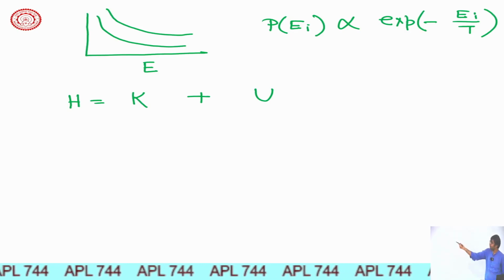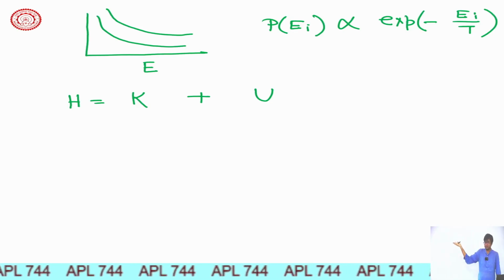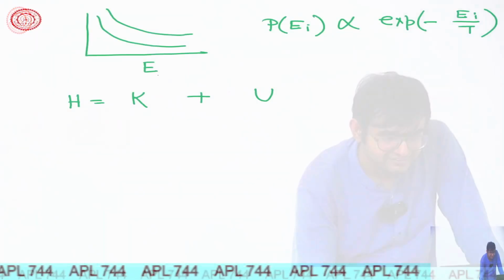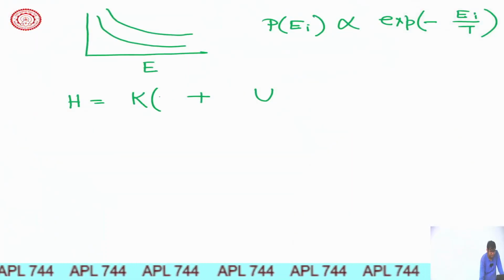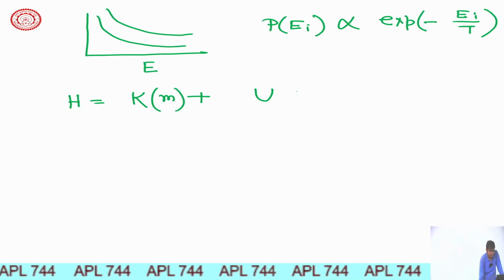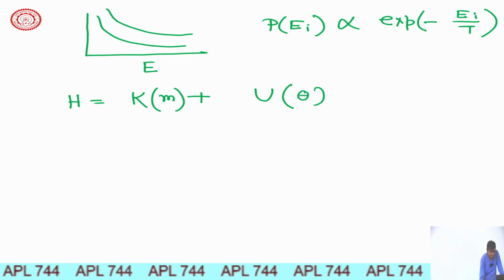Now kinetic energy will be a function of only the momentum because it is half m v square, so it is momentum square by 2 times mass. So the kinetic energy is a function of m, and U is a function of theta. So let me write it here.